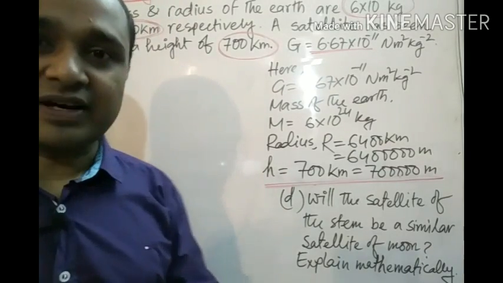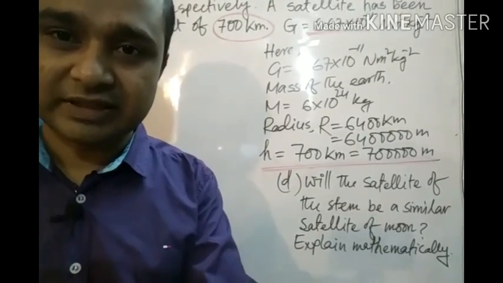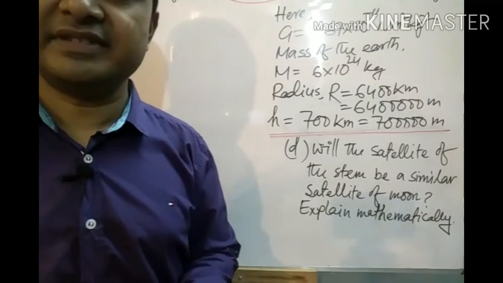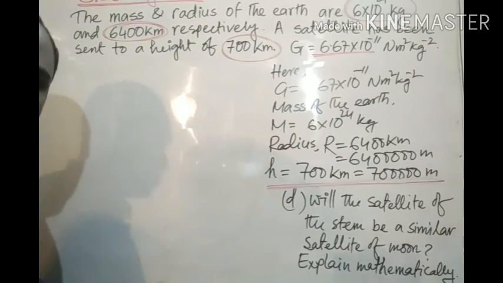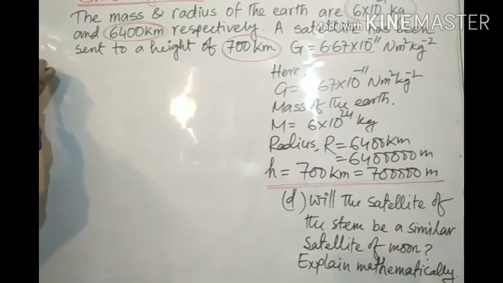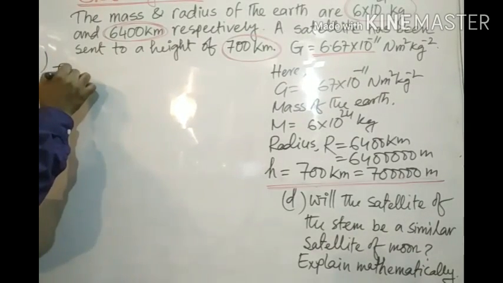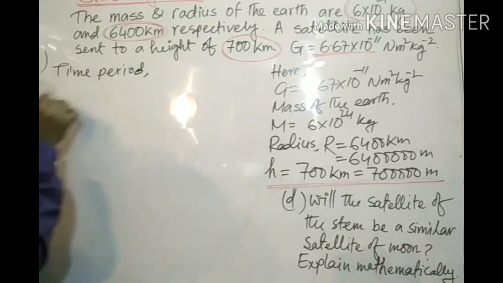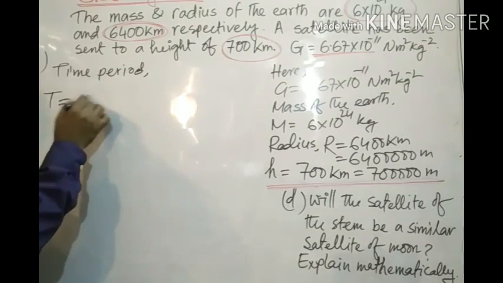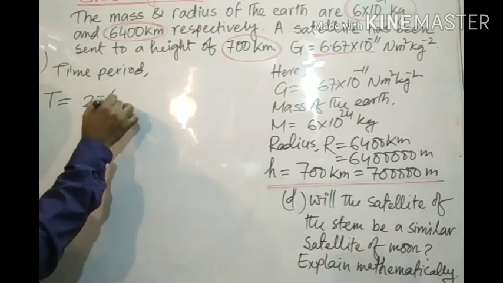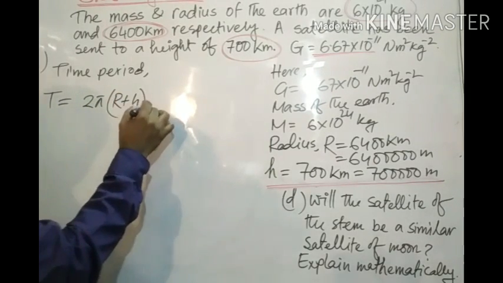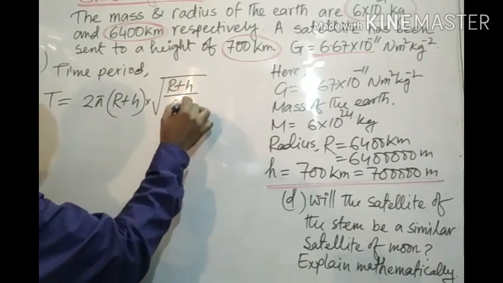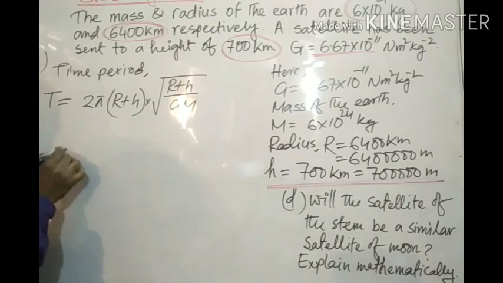So in this case, first we have to calculate the time period of the artificial satellite. We know the time period of the artificial satellite, T, is equal to 2π(R+H) multiplied by the square root of (R+H) divided by GM.